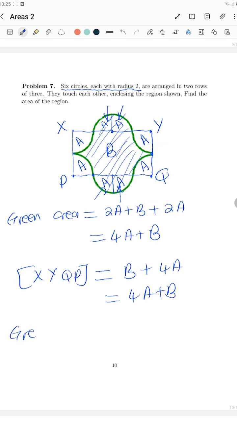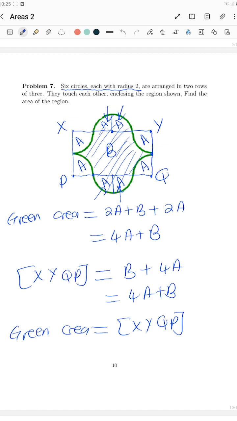So the green area is the area of polygon X, Y, Q, P. And it's not hard to see that X, Y, Q, P is, yes, a rectangle.